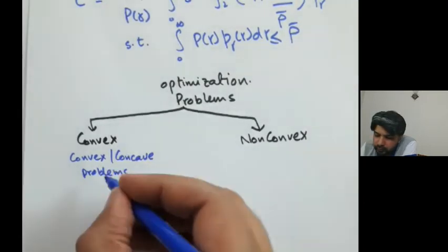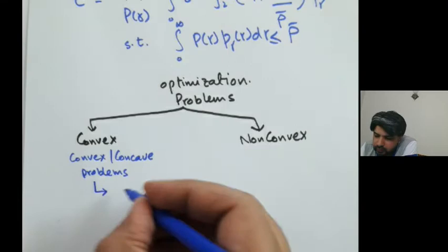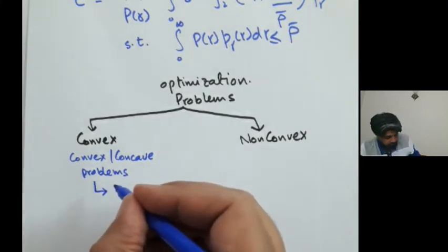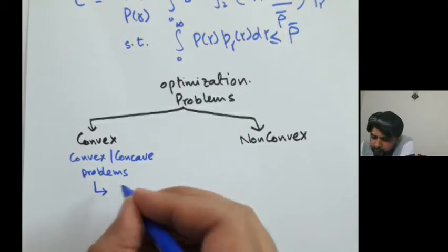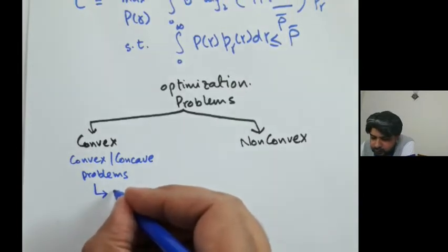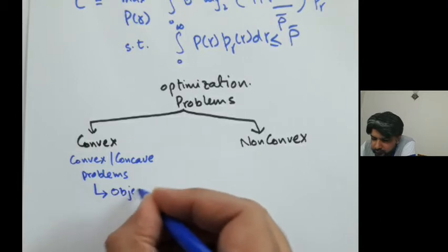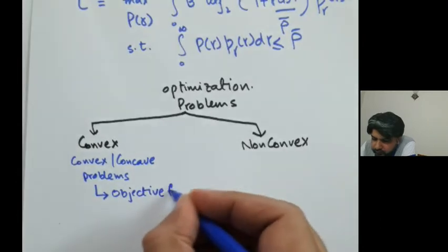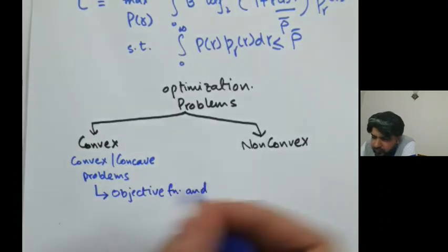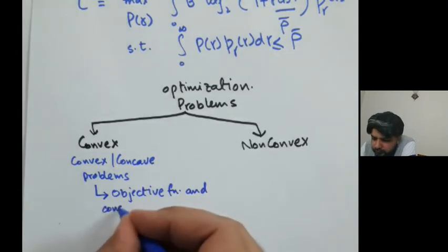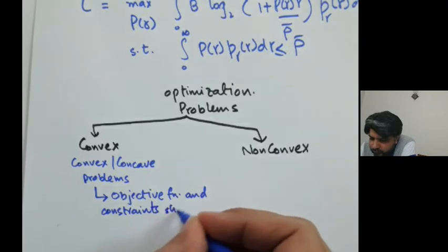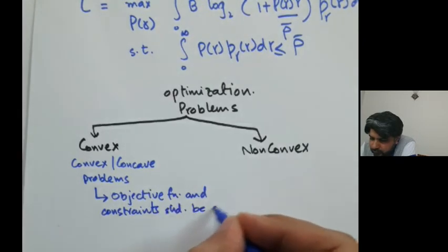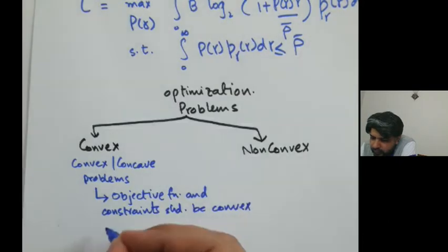And the property of the convex optimization problem is that the objective function and the constraints should all be convex and or linear.